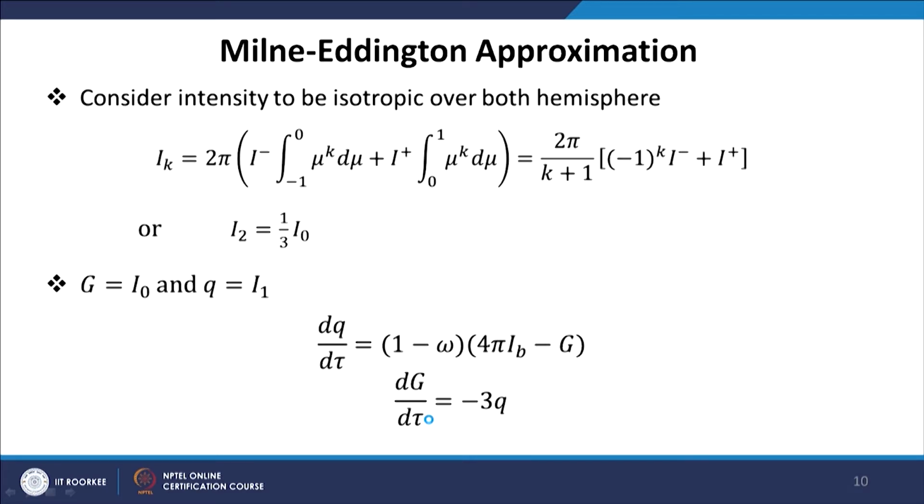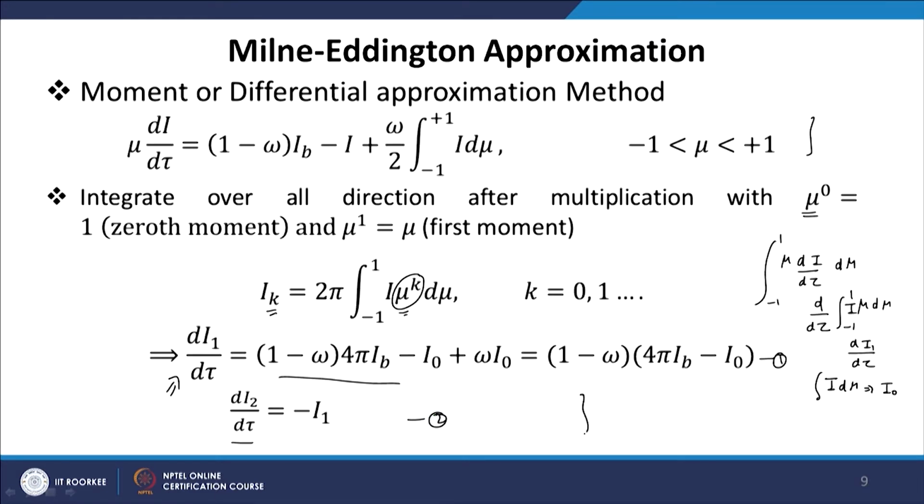Now, we have to define the boundary conditions and do some simplification, because in these 2 equations we have 3 unknowns, I0, I1 and I2, and we have only 2 equations. So, we have to remove one variable here.